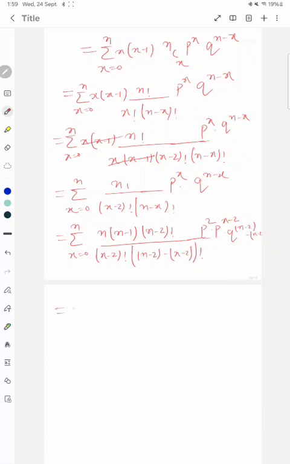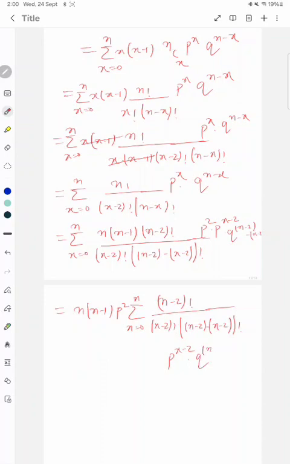We'll take common outside the summation n into n minus 1 into p square, summation x equal to 0 to n factorial n minus 2 by x minus 2 factorial into n minus 2 minus x minus 2 factorial, p^(x minus 2) and q^(n minus 2 minus (x minus 2)).